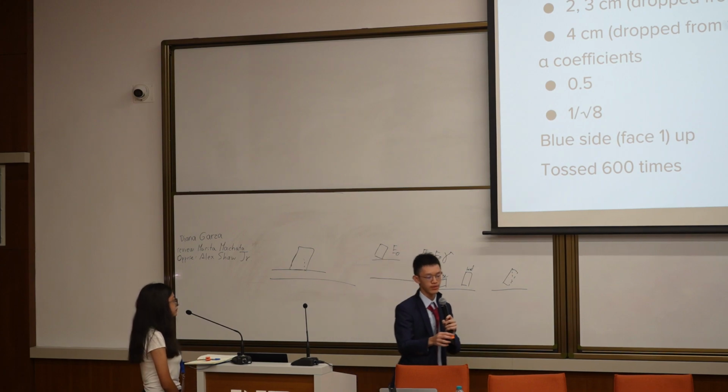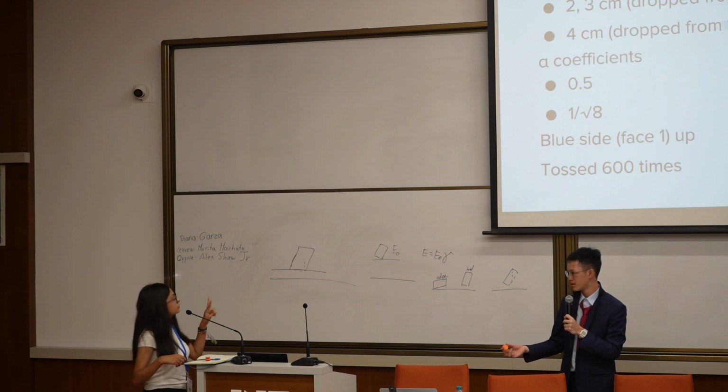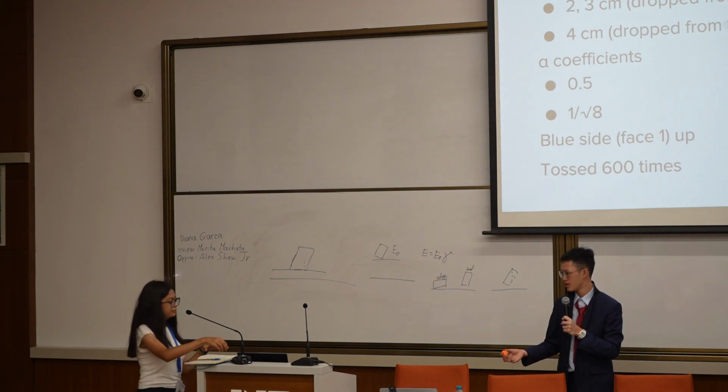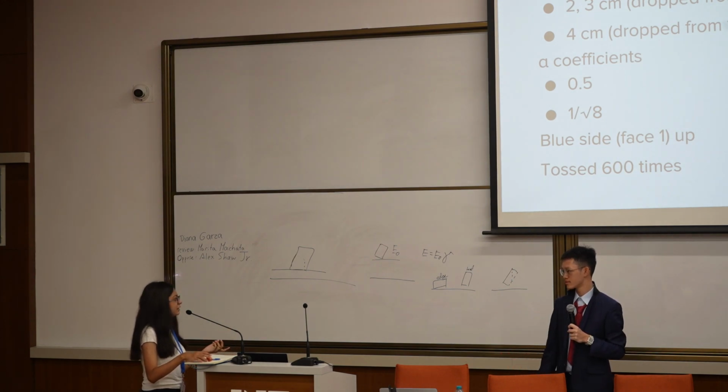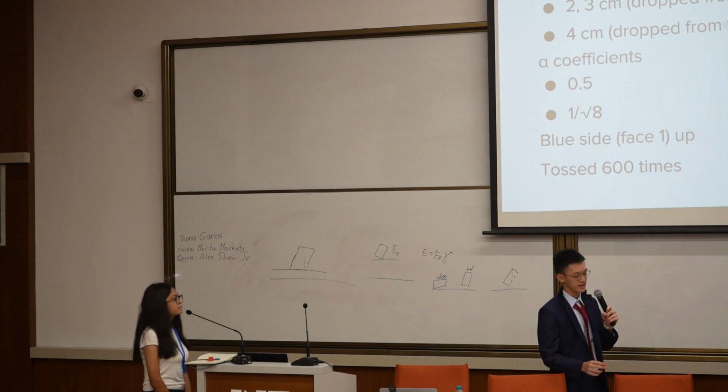So how high did you drop the dice from again? The first two, the smaller ones, we dropped from half a meter above the surface they were going to land on. And as we saw that there was bias, with just one side mixing up, the biggest dice, the one with the 4 centimeter radius, was dropped from a meter high. Okay, I see.